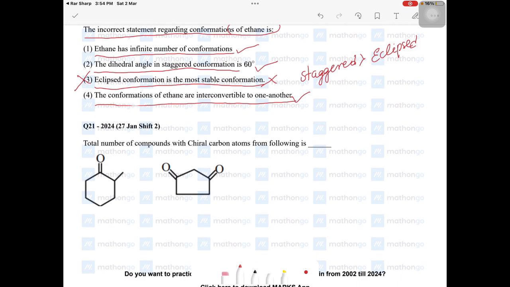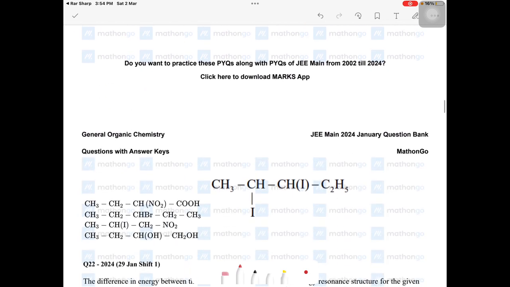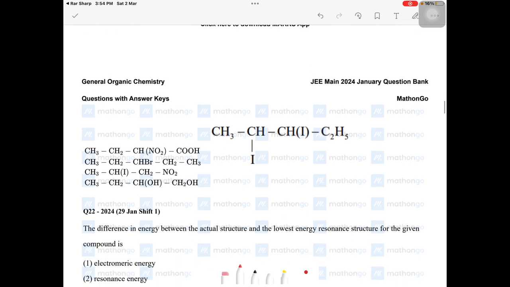Next one. 21st question. Total number of compounds with a chiral carbon atom. Observe in this, it is a chiral carbon. Here in this one, no chiral carbon. In this compound, it is a chiral carbon. In this one, no chiral carbon. Here in this, it is one chiral carbon.